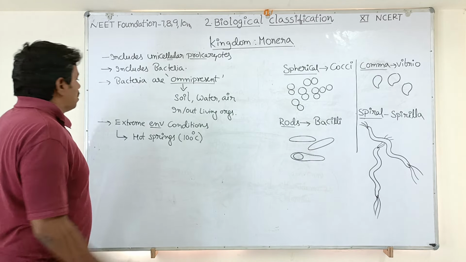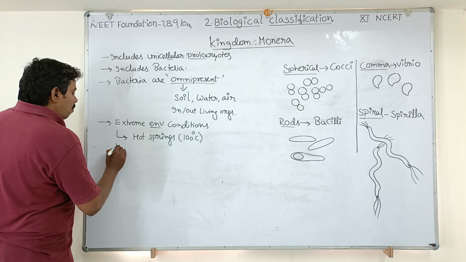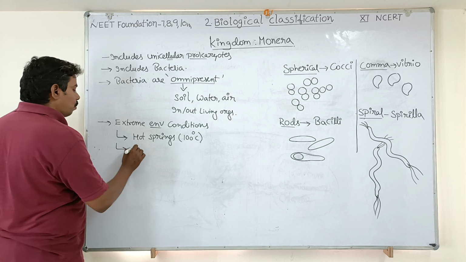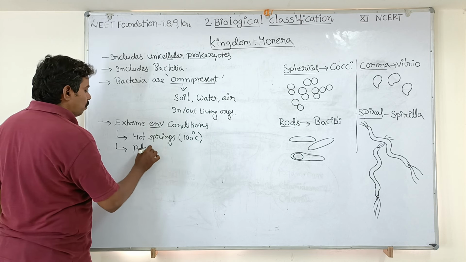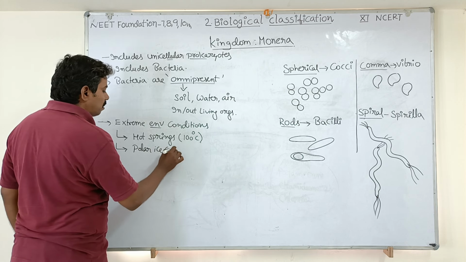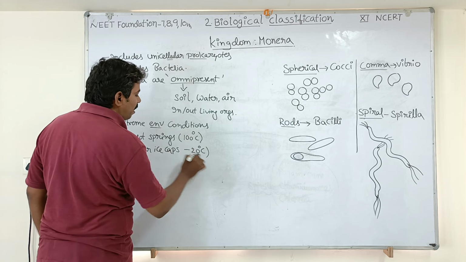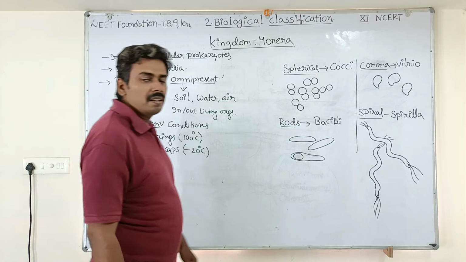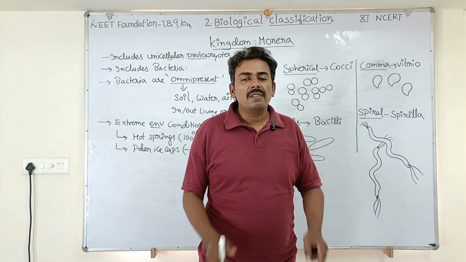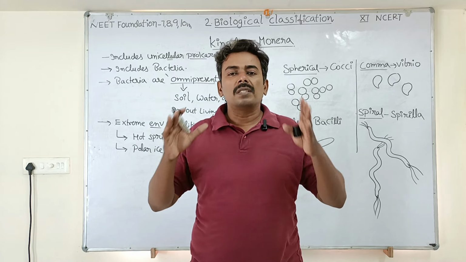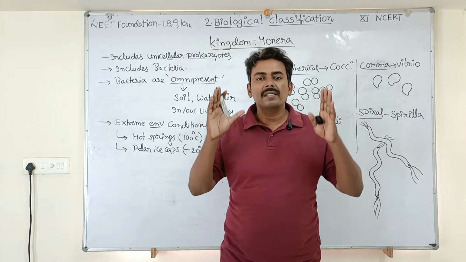Next, they can also be found in polar ice caps, where the temperature will be around minus 20 degrees centigrade, which is less than the freezing temperature. Even at the lowest temperatures, some rare bacteria can survive.